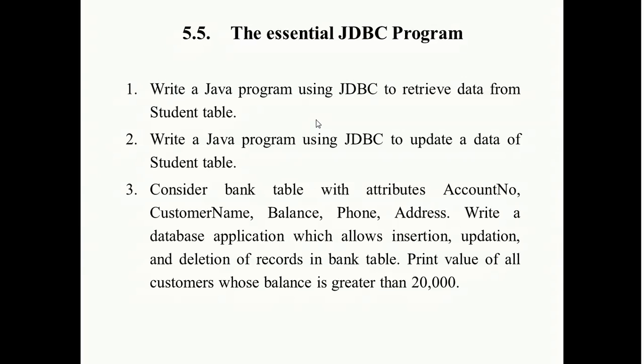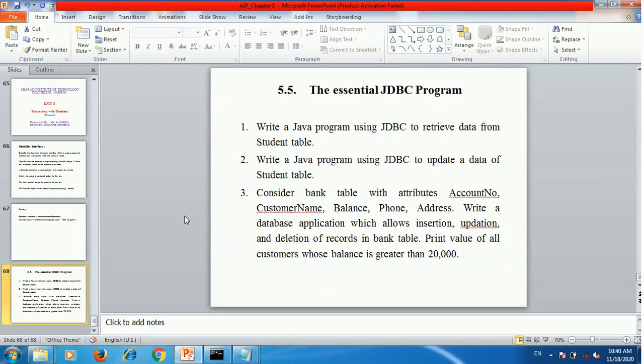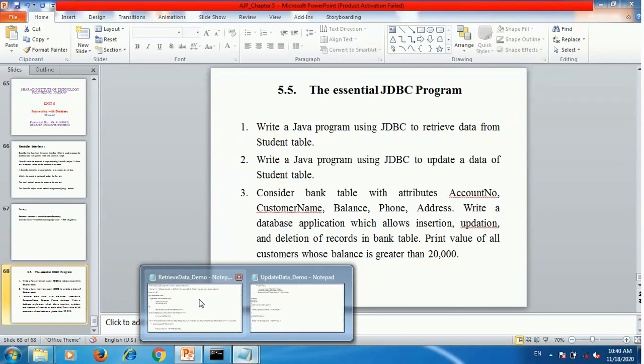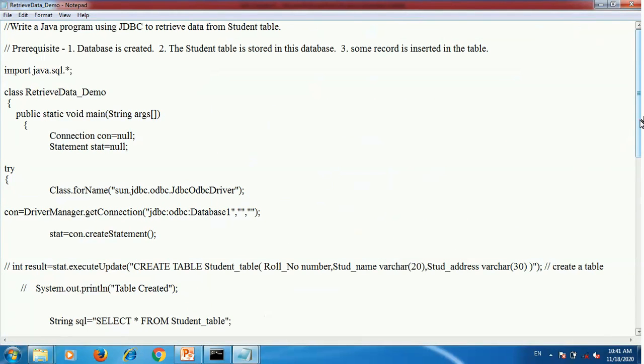See the first program. Write a Java program using JDBC to retrieve the data from the student table. This is the program that demonstrates retrieving data from the student table.